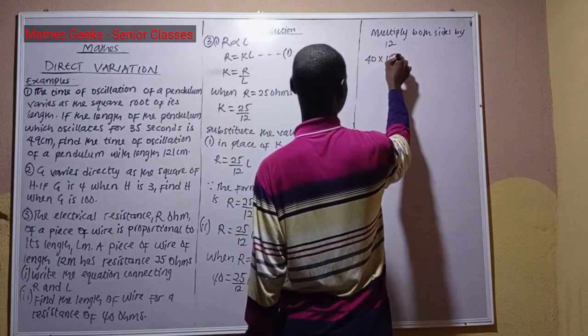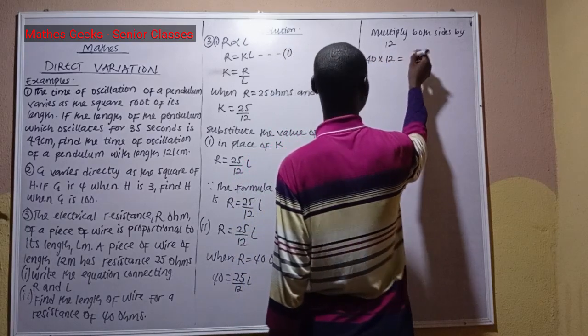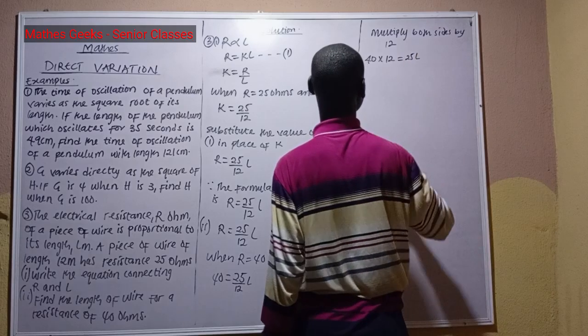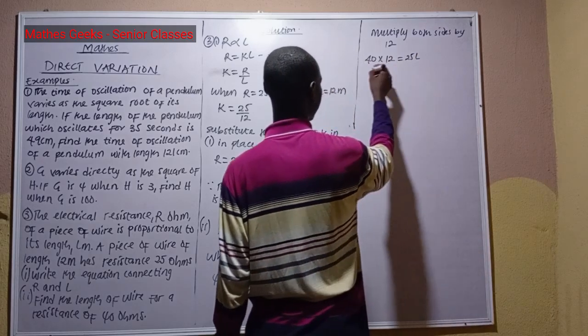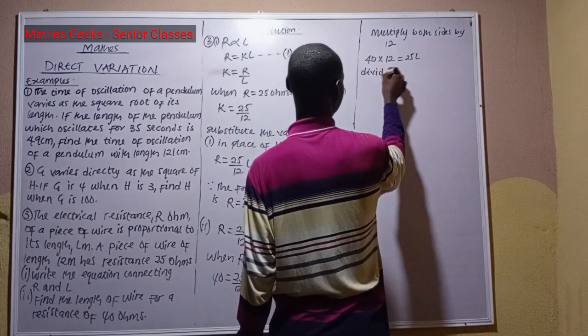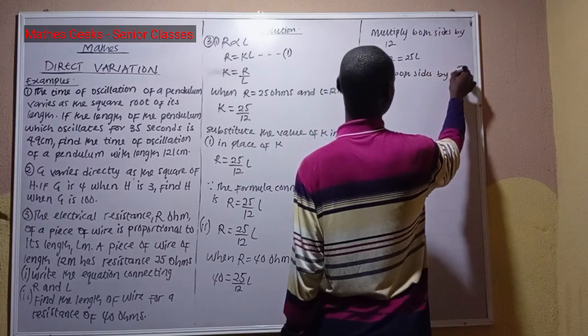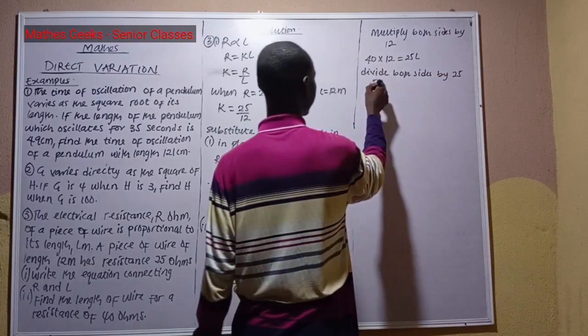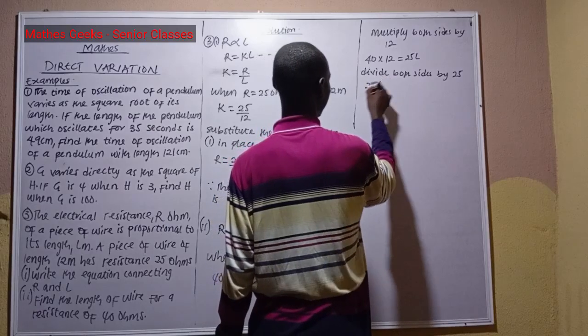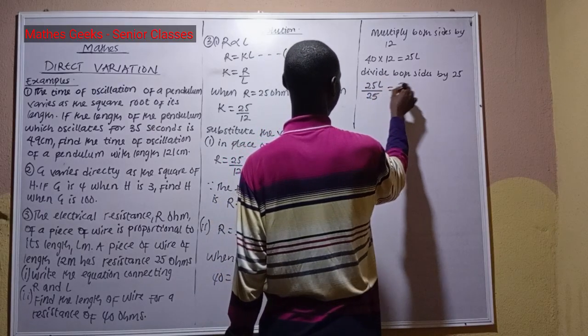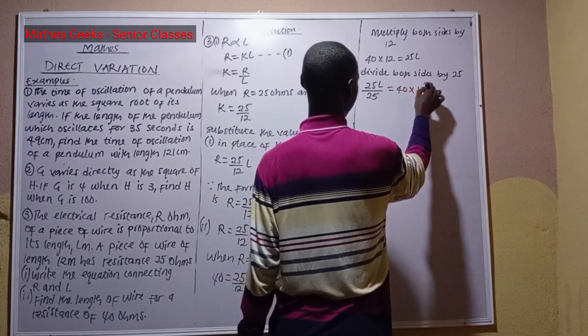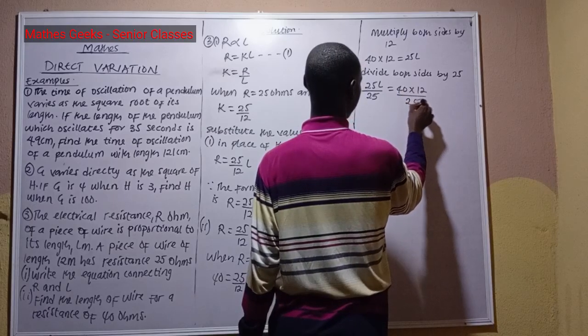40 times 12 is equal to 25L. So divide both sides by 25. 25L over 25 is equal to 40 times 12 over 25.